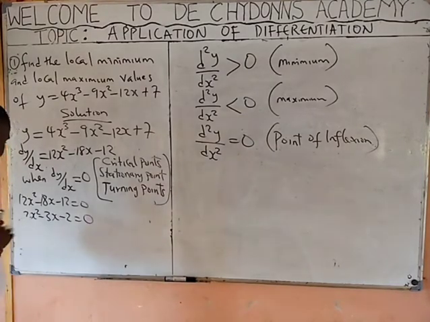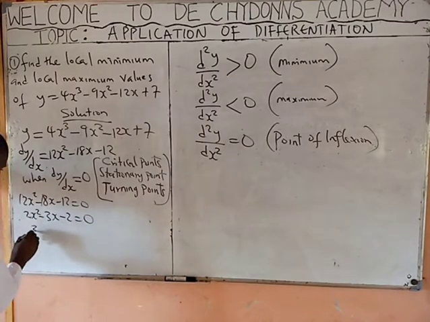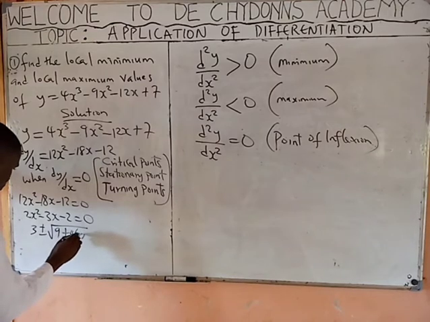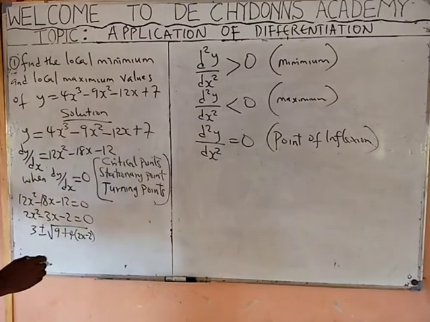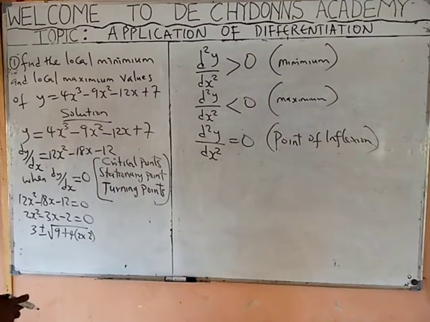If you want to factorize, you can use the quadratic formula, which says x equals minus b plus or minus the square root of b squared minus 4ac, all over 2a. Here that is 3 plus or minus the square root of 9 plus 4 times 2 times 2, which is 16. 16 plus 9 is 25.